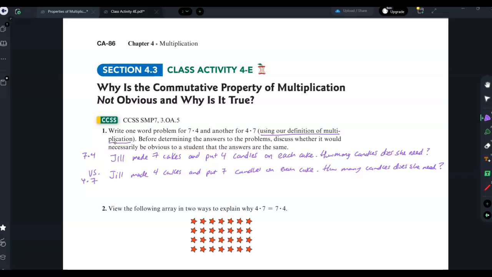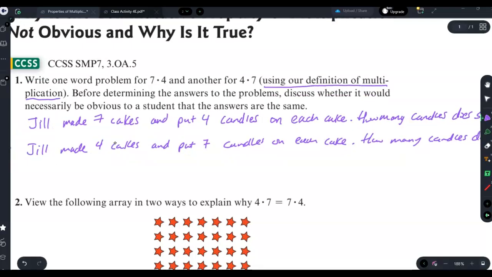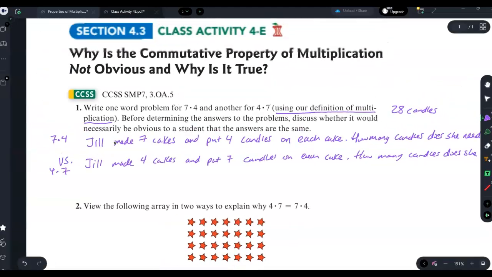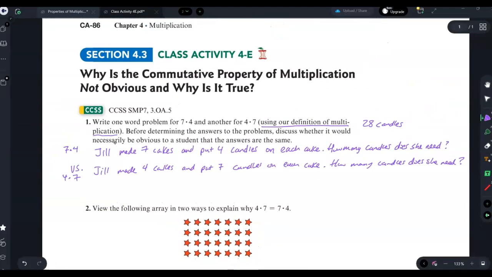Even though I'm going to get 28 candles with each answer. So I'm going to go ahead and say here that it might not be obvious. You might expand on that too if you did something very different.